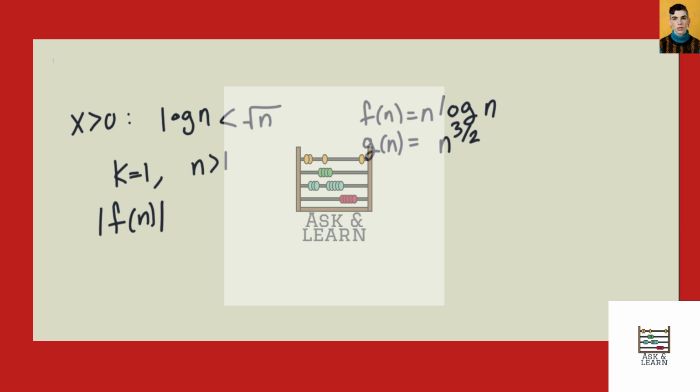But this means that f of n being equal to the absolute value of n times log n. And since this must be positive, this is just going to be equal to n times log n without the absolute values.